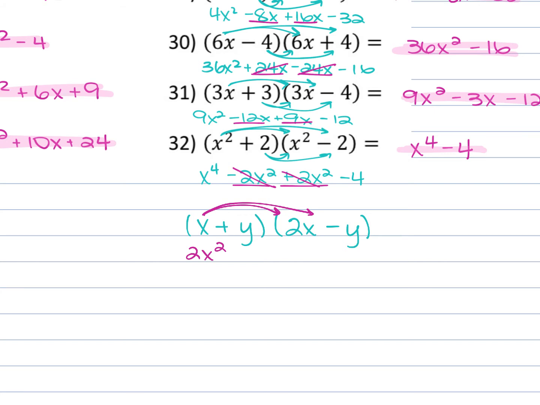Then x times negative y is negative xy. Then y times 2x is positive 2xy. And then y times negative y is negative y squared. From here, your like terms are the negative xy and the positive 2xy, which just leave you with 2x squared plus xy minus y squared.